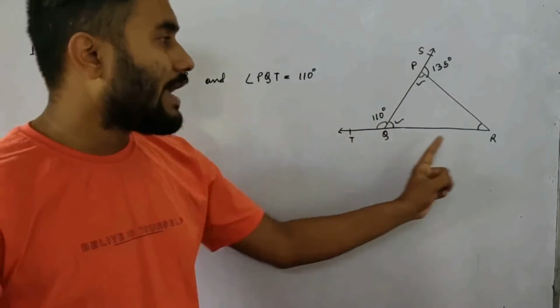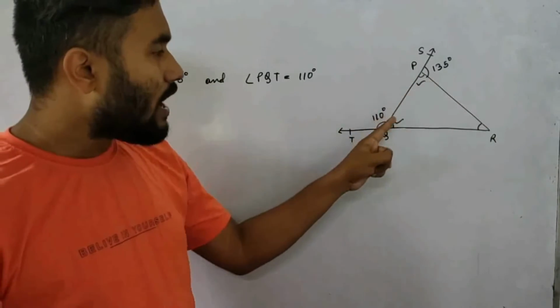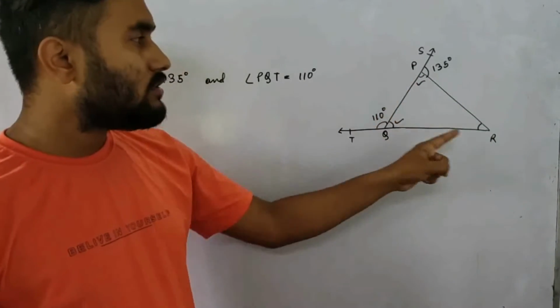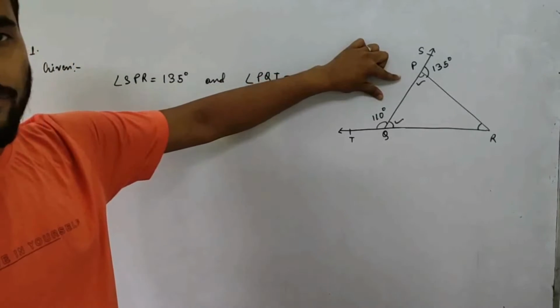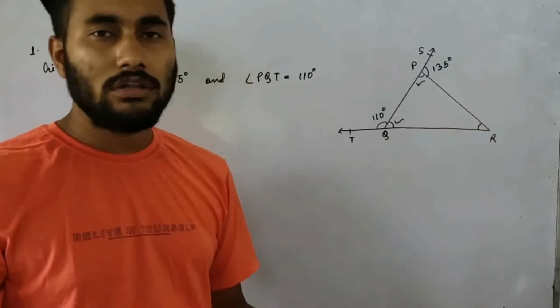Now in this triangle PQR, see 1, 2, 3. Among these three angles, two angles you already have. So using the angle sum property you can find this angle. We have got the answer.